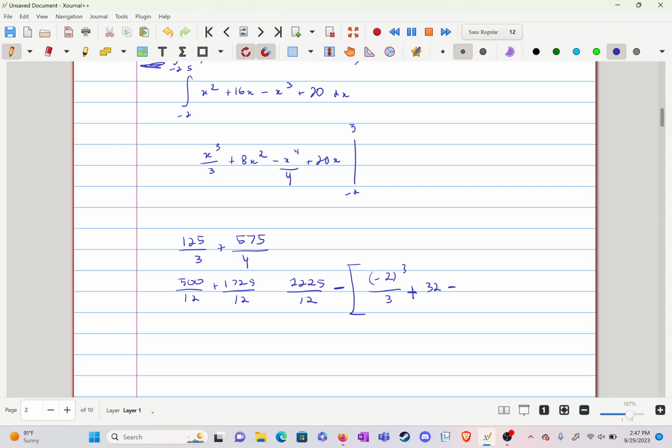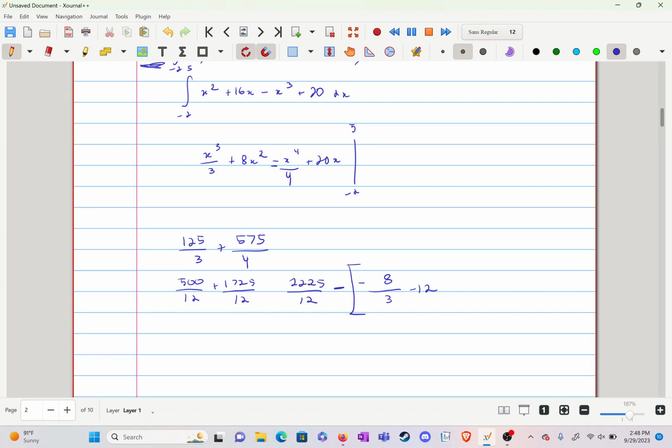But negative 2 to the 4th is positive 16 over 4, which is just negative 4, because this minus is out in front. Then negative 2 times 20 is just minus 40. So not too bad here. So yeah, we have a negative 8/3. So we got some stuff here. So we have 32 minus 4. That's a nice 28. Minus 40. It's a negative 12. So let's rewrite this all as negative 12.